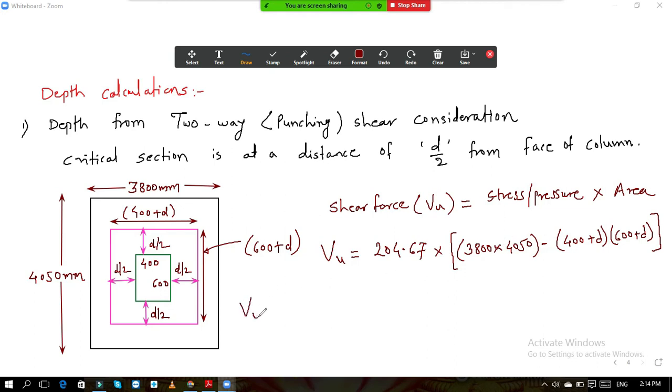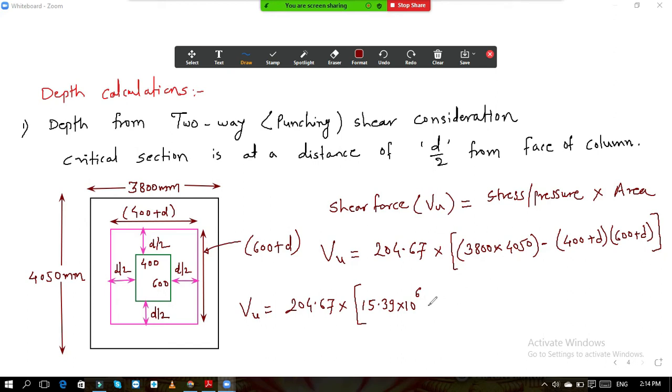Vu is equal to, first solve the inner bracket. 204.67 into, here in the bracket, this multiplication, 3800 into 4050, it is 15.39 into 10 to the power 6.